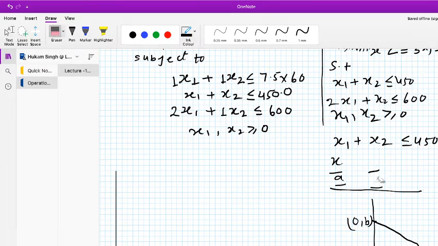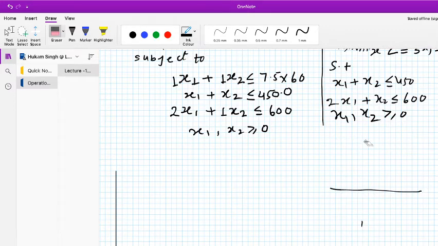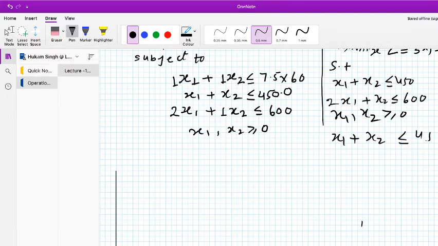Let me remove this and write the first constraint again. So this is x1 plus x2 less than or equal to 450. Now forget about the inequality sign.